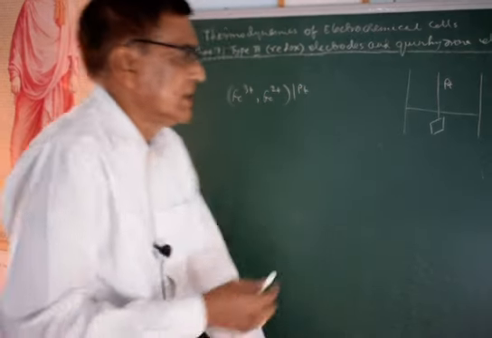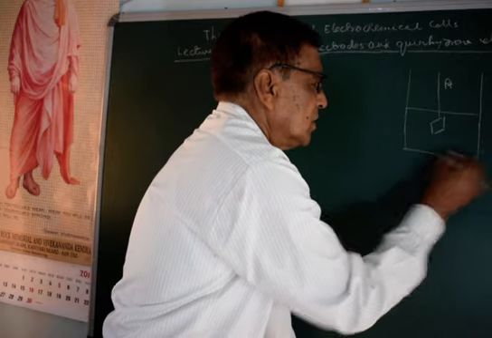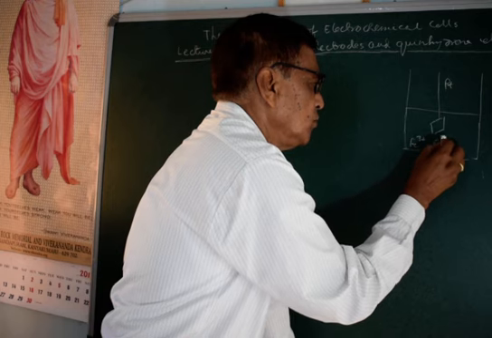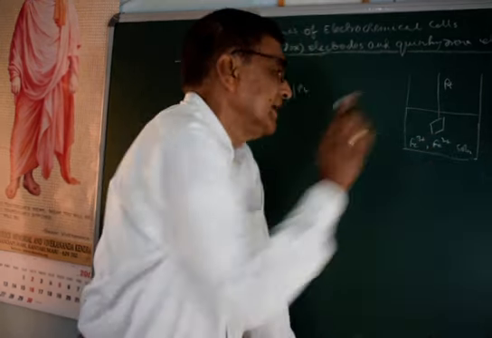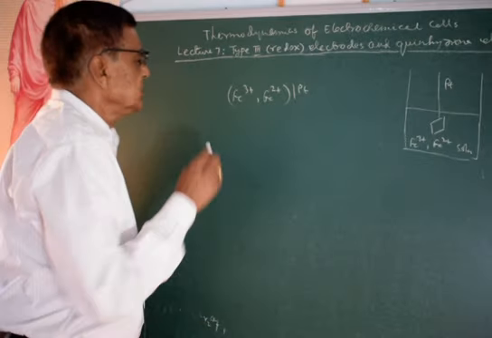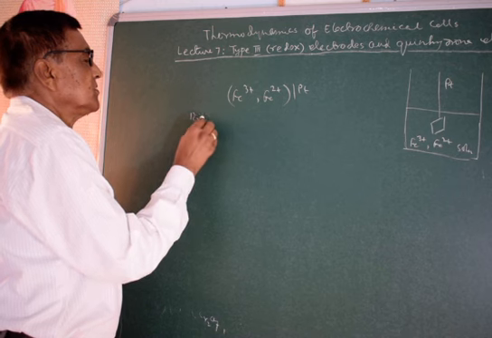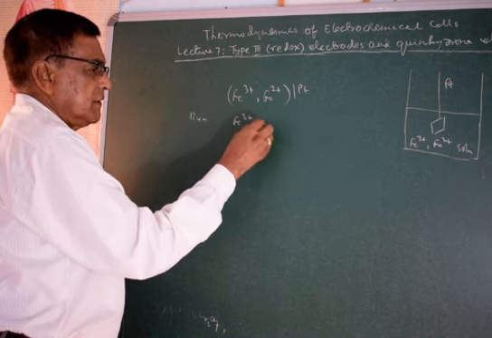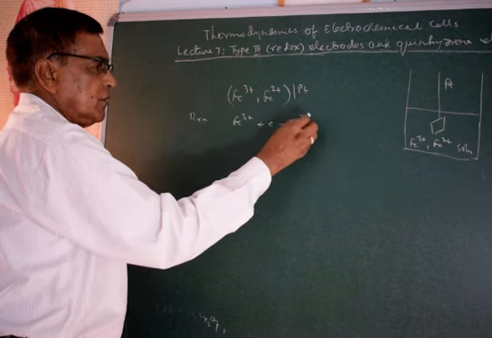This is a picture of this electrode, Fe3+, Fe2+ solution, and here is the platinum. The reaction of this electrode will be Fe3+ plus an electron giving Fe2+.